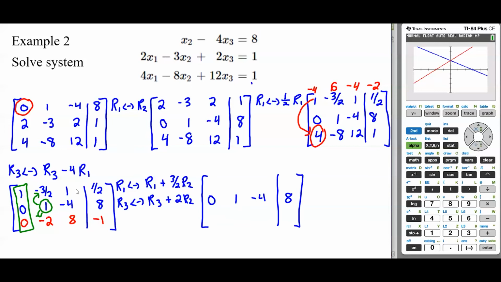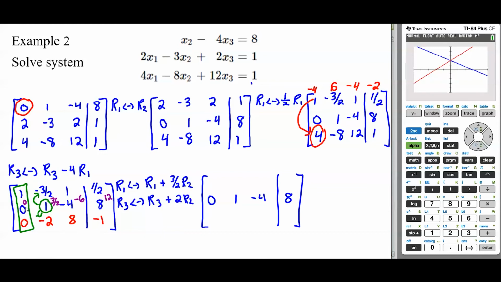I'll do the first row first. If I multiply row 2 by 3/2, so this will be 3/2, and 3/2 times -4, what's that going to be? So it looks like it's going to be -6, right? And then 3/2 times 8, that's going to be 12. And the first one's going to be 0, right?